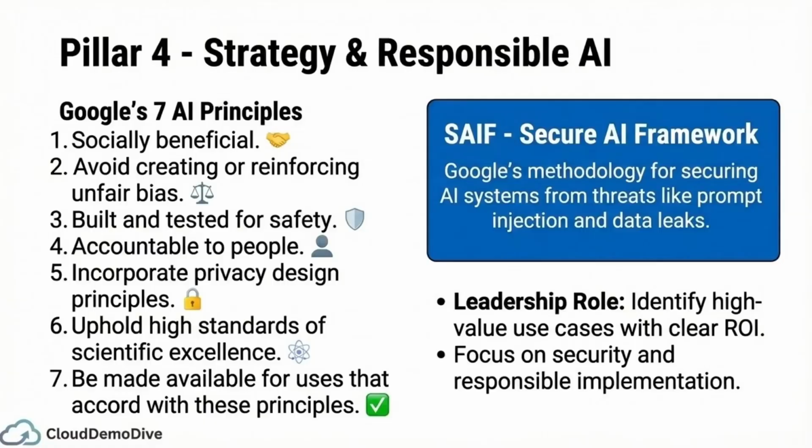So whenever you are appearing for this exam as a generative AI leader, your job is to identify high-value use cases. Do not just use AI for everything; use it where the return on investment is clear. You have to be clear and use the appropriate responsible AI features appropriately. These are the basic things you need to keep in mind to be prepared for the generative AI leader exam.